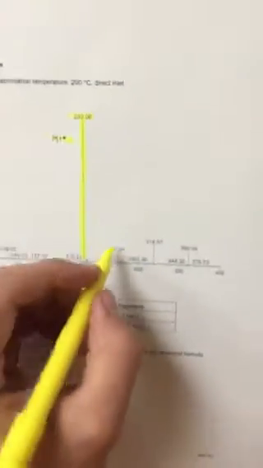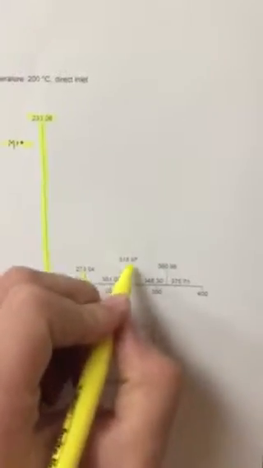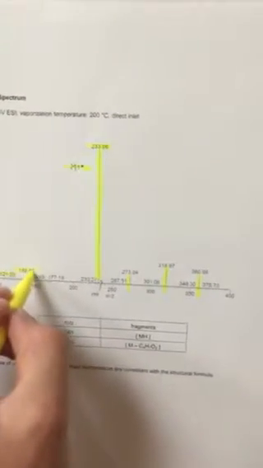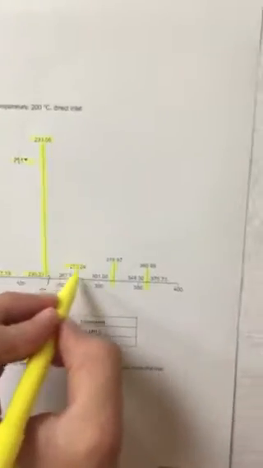All of these other peaks right here that we see, 273.04, 318.97, 360.99, all of these other little peaks coming along here, these are different peaks that are located in nature, and each is given its relative abundance.